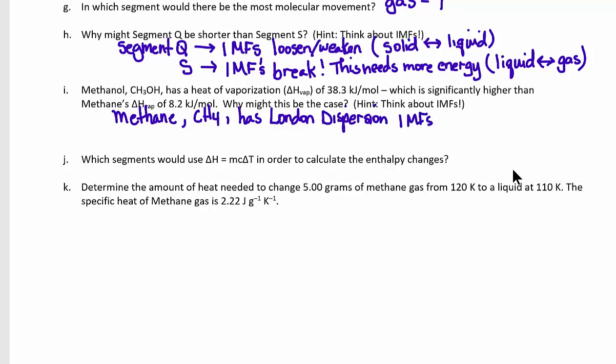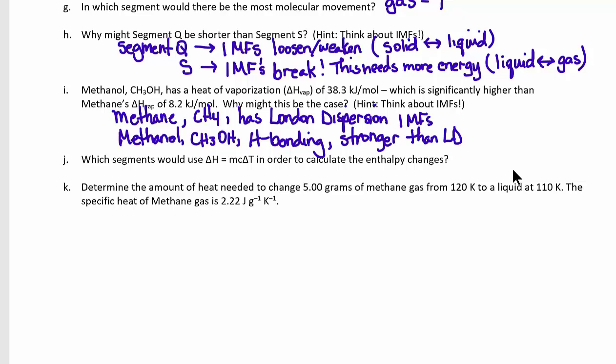Methanol, or CH3OH, also has London dispersion, but it also has hydrogen bonding, and these are stronger than London dispersion, so it needs more energy to break them.